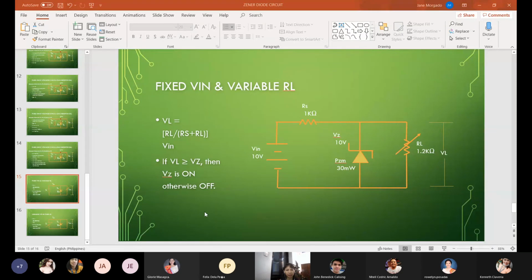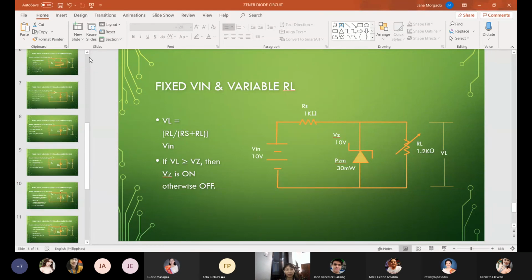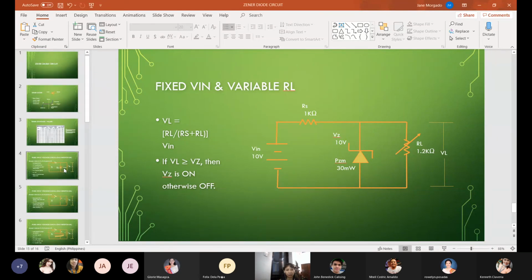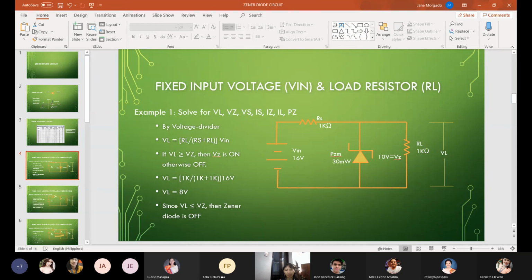Pero kung hindi nyo makapa, edi mag-compute kayo ng fixed resistances. Actually, mahirap. This is a new topic. Kaya dinadahan-dahan ko. Kasi nakakalito talaga itong topic na ito.